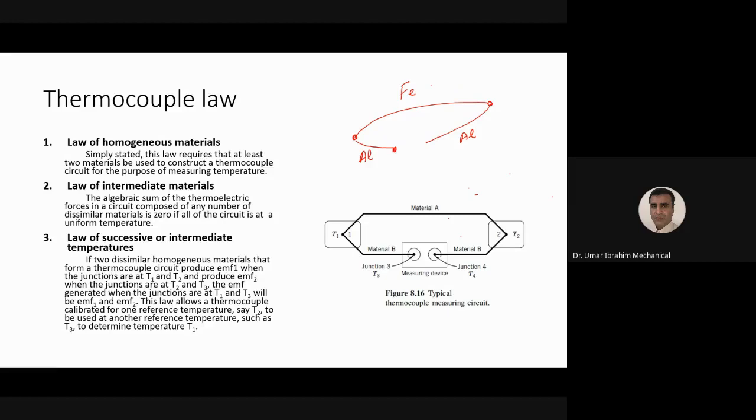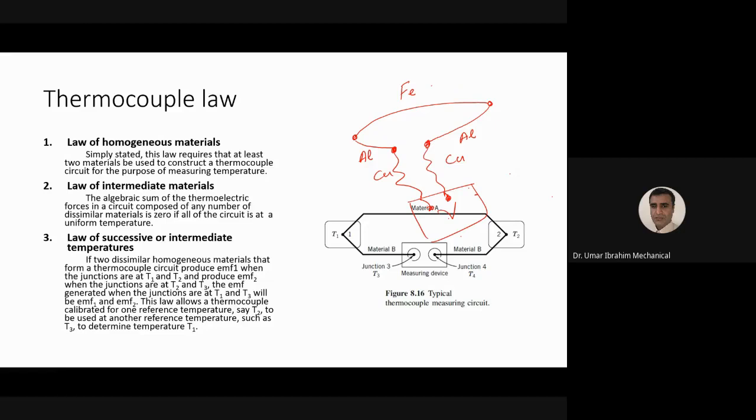So let's suppose what I do, this is iron and this portion is aluminium, and then I connect it with copper wires, and then I connect it to a voltmeter. Of course, the voltmeter also has a copper coil.